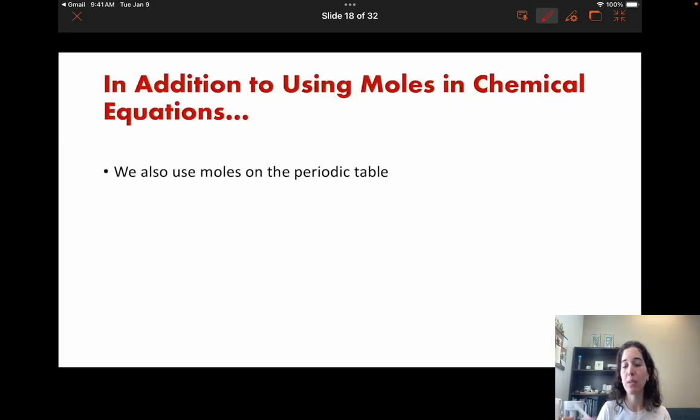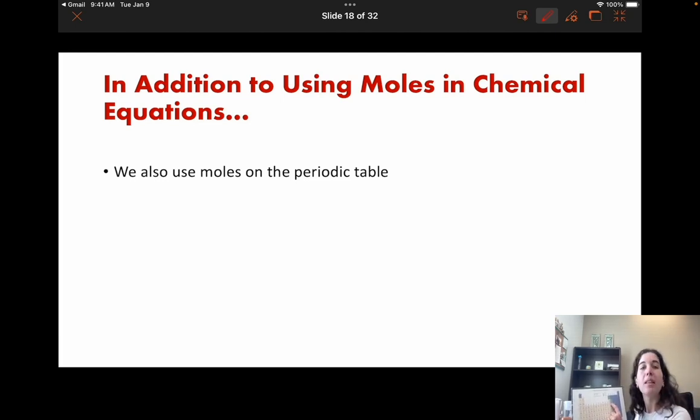In addition to using moles in chemical equations, we also use them on the periodic table. So on your periodic table, you have these numbers down here, right? And these are the average atomic masses of these elements.